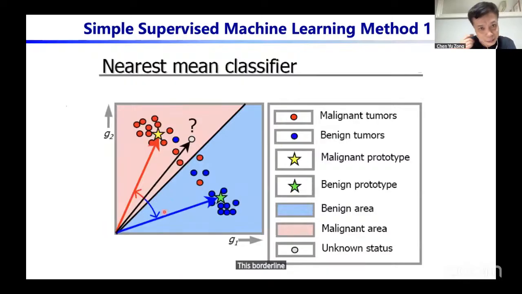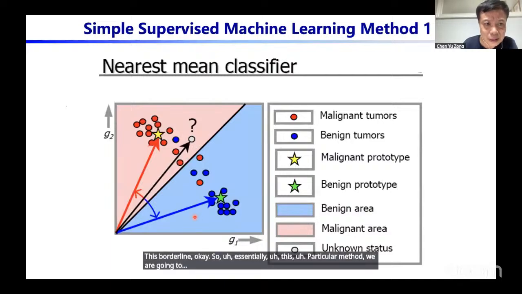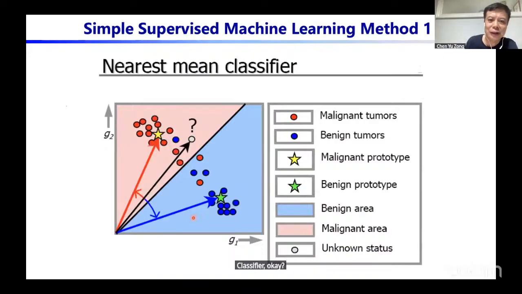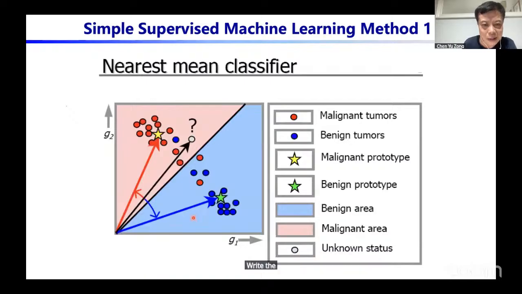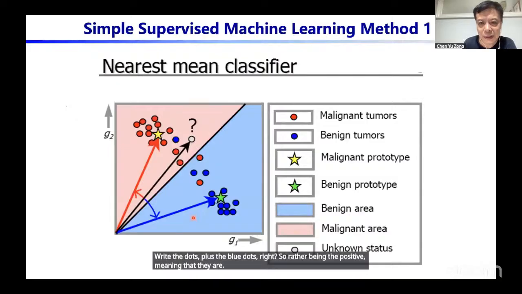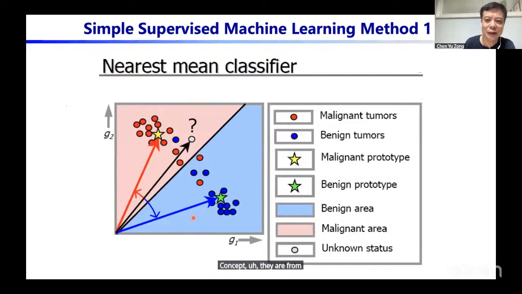Okay, so essentially, this particular method we are going to discuss is the so-called nearest mean classifier. In this method, of course, we are given a training set of red dots plus blue dots, right? So red being the positive, meaning that they are from cancer patients, okay?